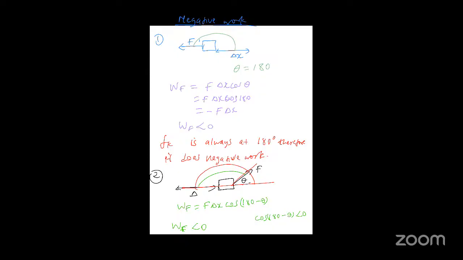Meaning that if you subtract this theta here, 180 minus theta, this is our angle. And using the trig ratio, we know the cos of 180 minus theta is negative. Hence, the work done is less than 0. For any acute angle theta, it will be negative. Guys, are we fine?